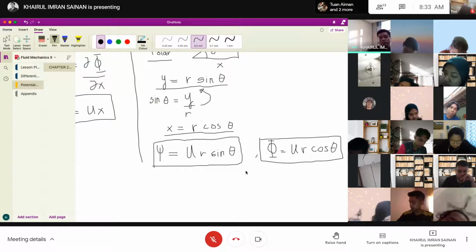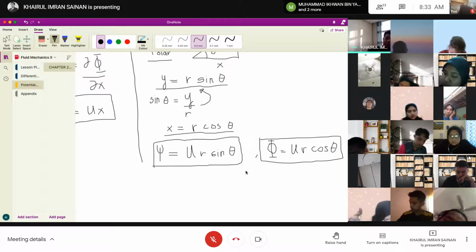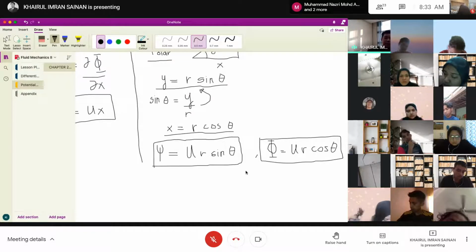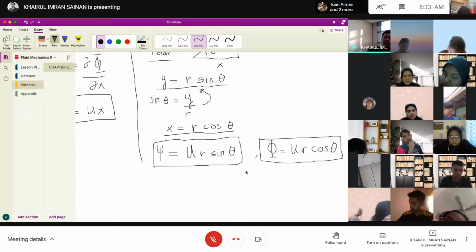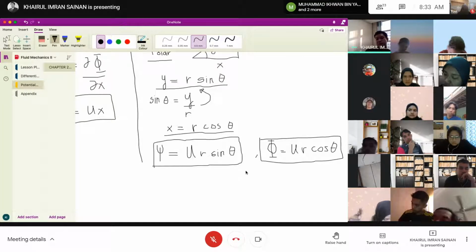Okay, so the idea here will be similar. If you want to determine in polar coordinates psi number 1, psi number 2, you need to put in the radius, the distance of the radius, and then the angle. So that's how we determine psi 1, psi 2.